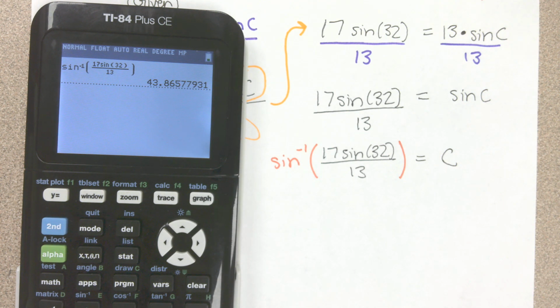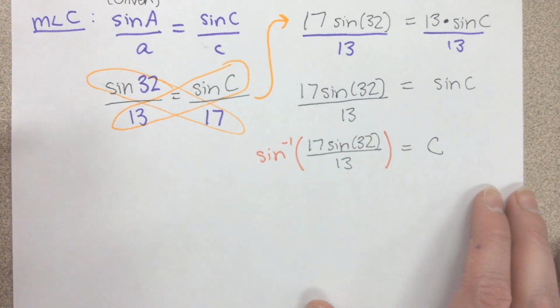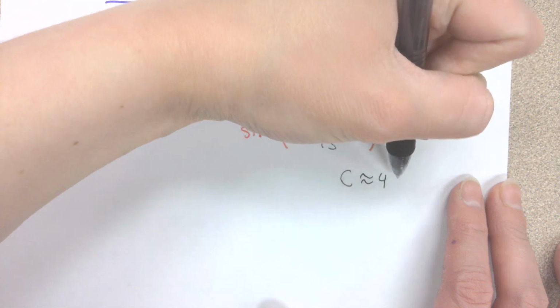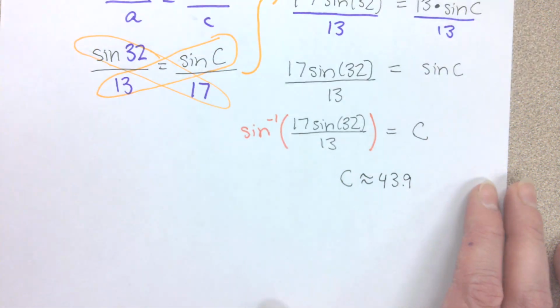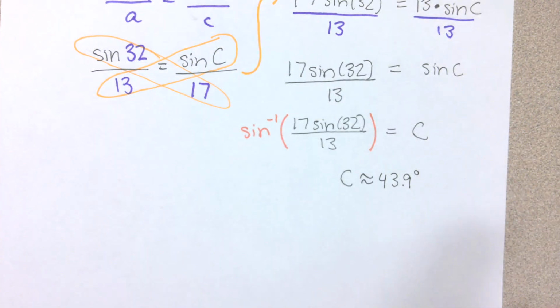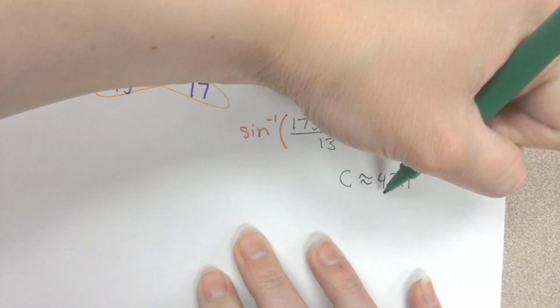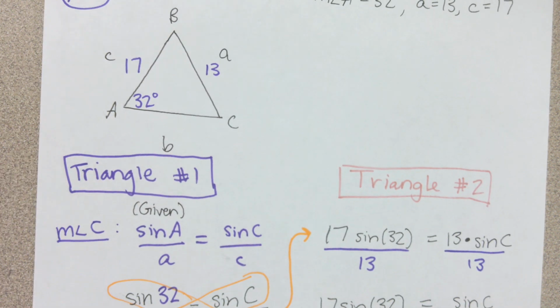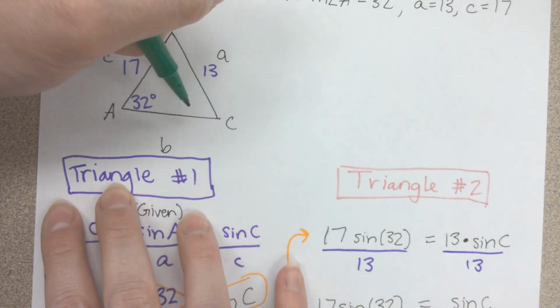And it looks like to the tenths place, that's 43.9. And this is an angle, so I'm going to put degrees. If you were to leave that off on a test, it's no big deal. All right, so angle C we now know is 43.9 degrees.